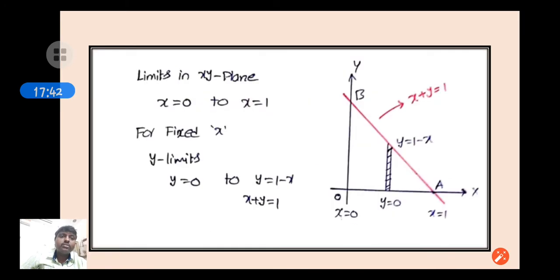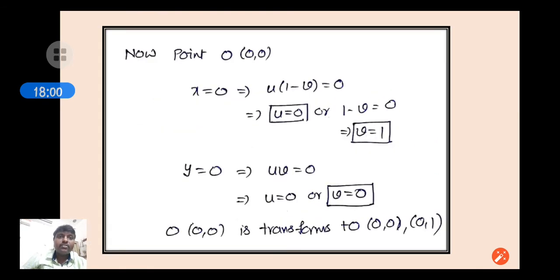Why? Because your region is formed with 3 intersecting points: 0, 0, 1, 0, and 0, 1. So at the origin the point is 0, 0, at A it is the point 1 comma 0, at B it is 0 comma 1. First I am taking the first point 0, 0 at x equal to 0.